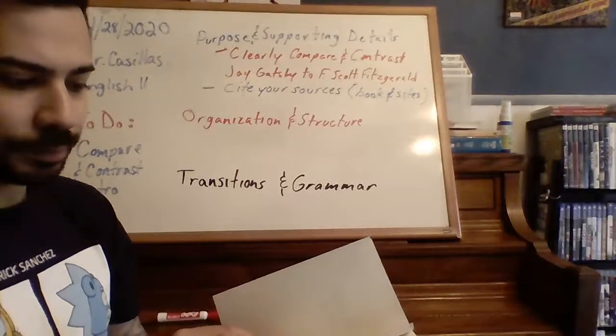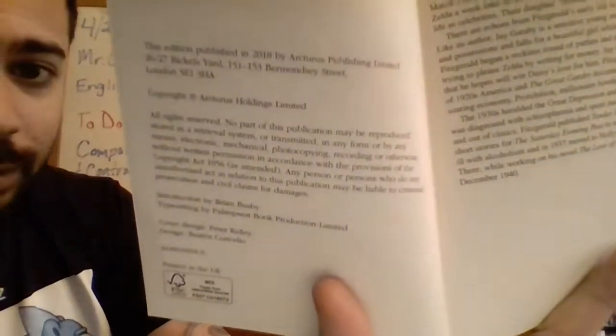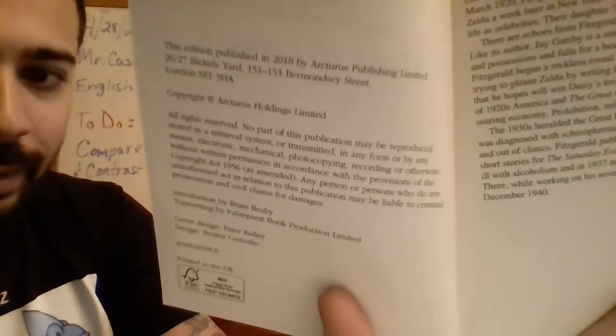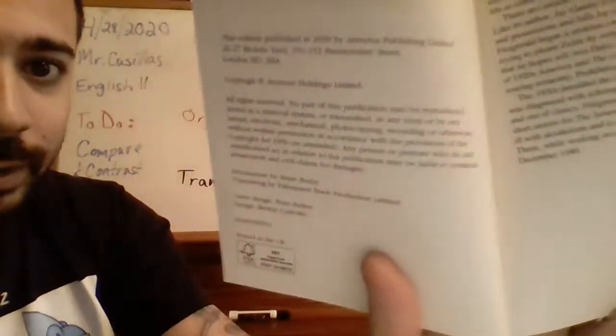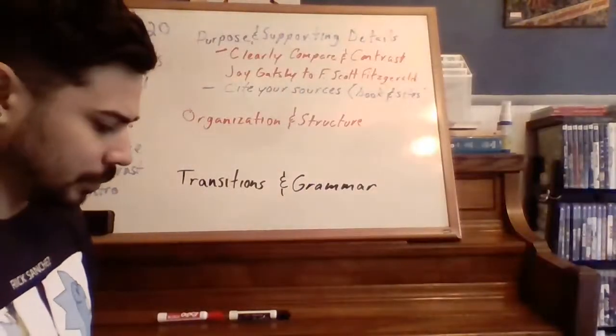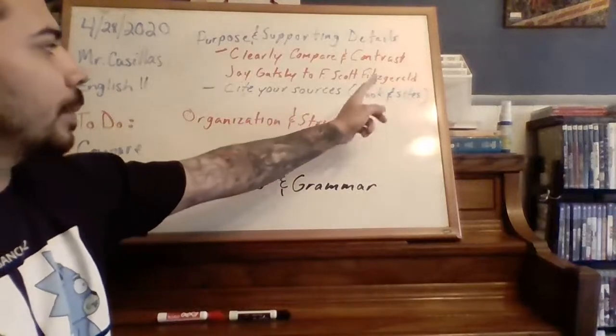Okay, after you look in here, you are going to look for all of the appropriate information that we have learned is needed to cite. Okay? That's the main page to cite your sources from the book.